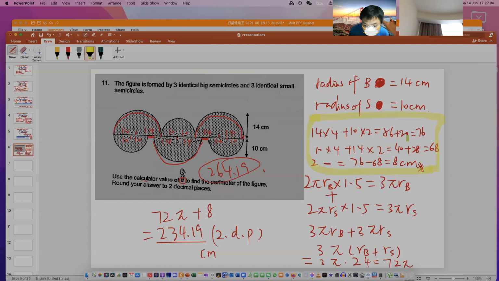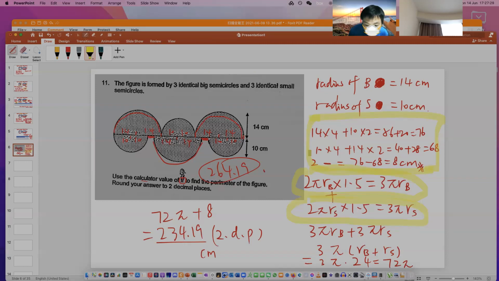First, you write this down to get this 8. Then you write this down to find the perimeter of the big semicircles. And then you write this down to get the perimeter of the 3 small semicircles.